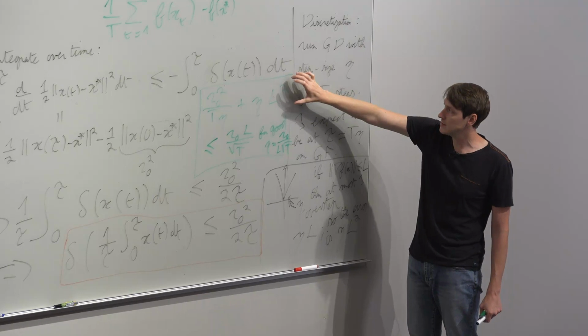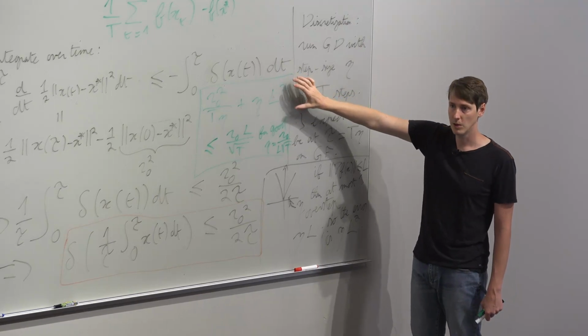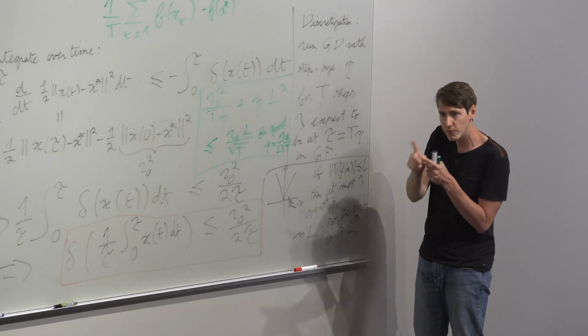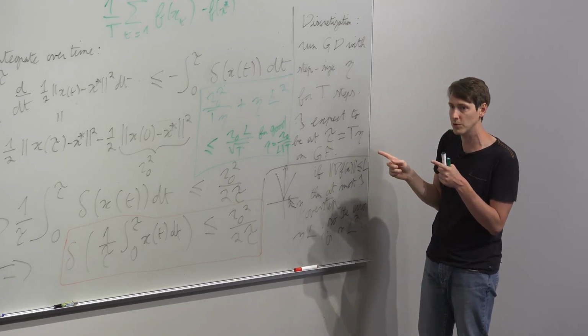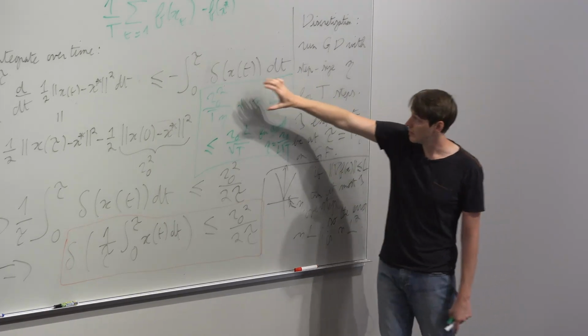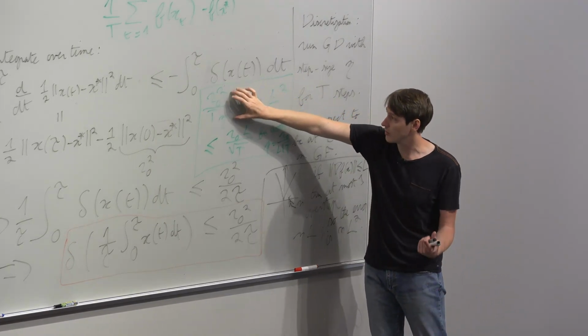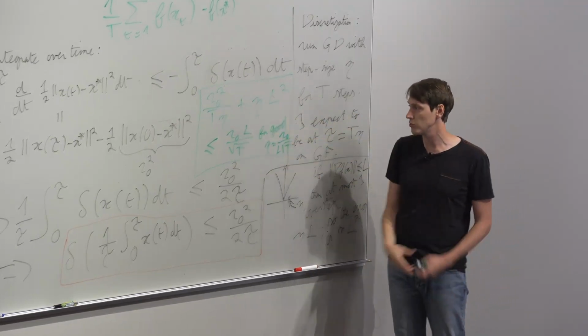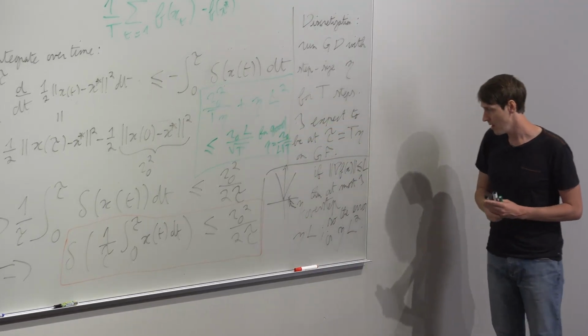This term is exactly the error from your discretization, which you can think of as a variance term. You're not exactly on the gradient flow, you're jittering a little bit around it. So you have the distance to opt at the beginning and a variance term, and when you optimize the two, you get this 1 over square root T.